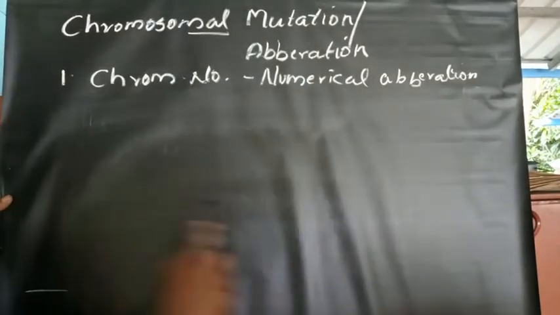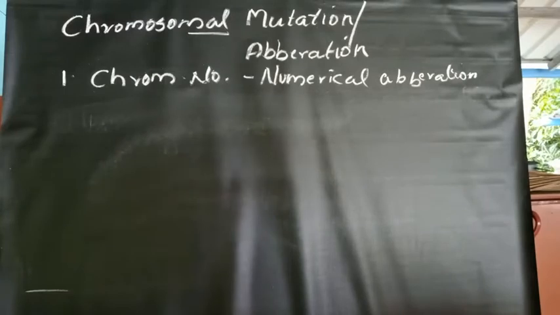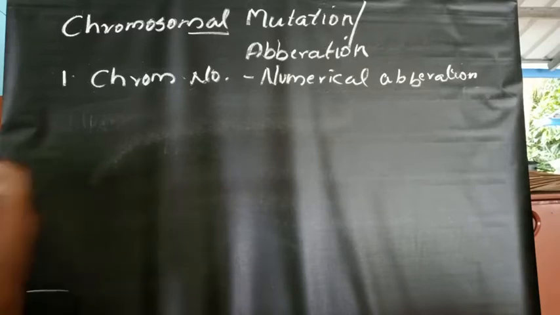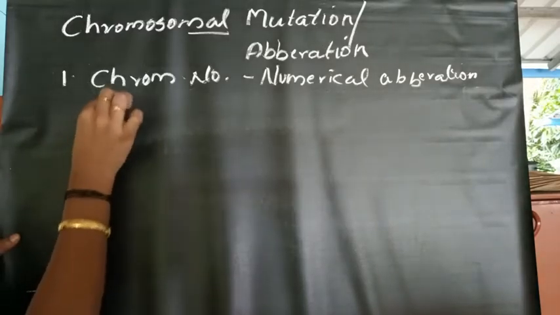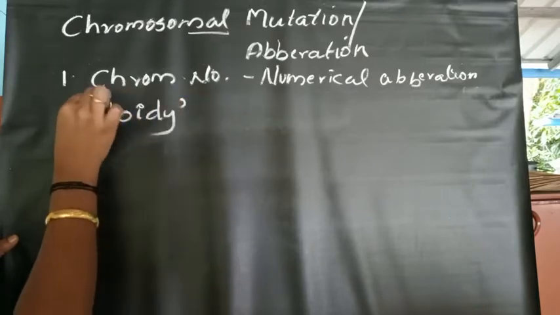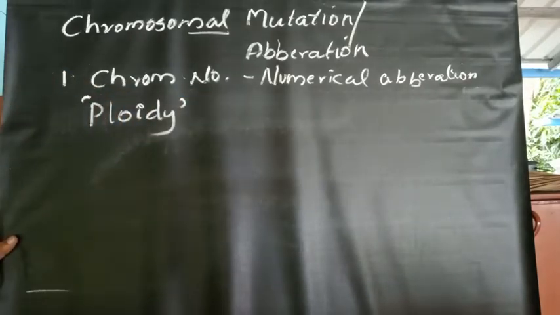Two categories are there. This is called numerical chromosomal aberration, or another word, ploidy. There are two types of ploidy.